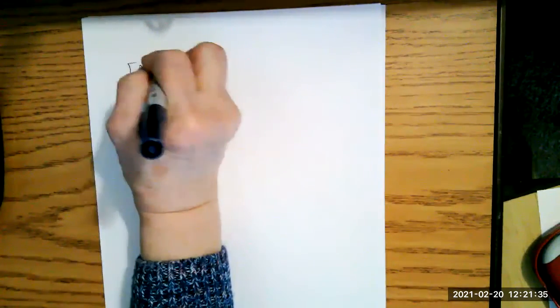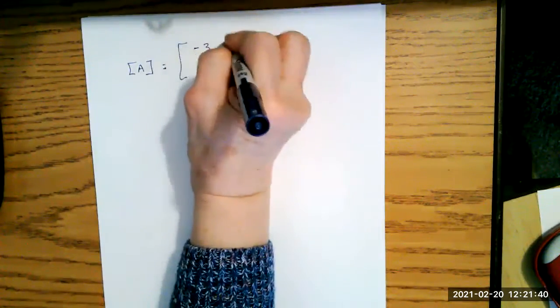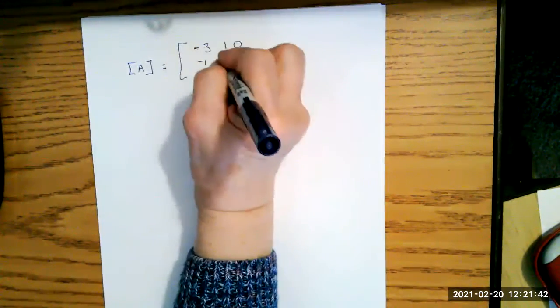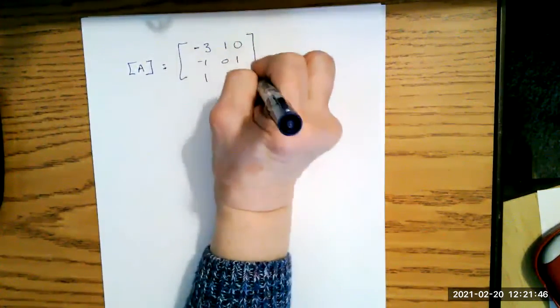All right. I'm going to write down my matrix A that I want and my matrix B, so I'll have it in front of me. Negative 3, 1, 0. Negative 1, 0, 1, 1, 1, 1. And notice it's a 3 by 3.